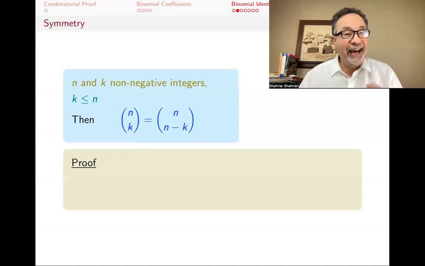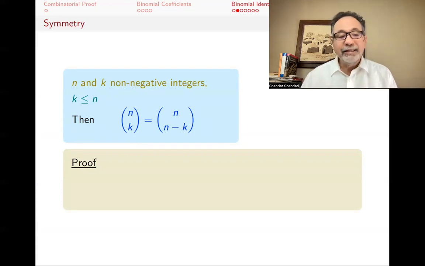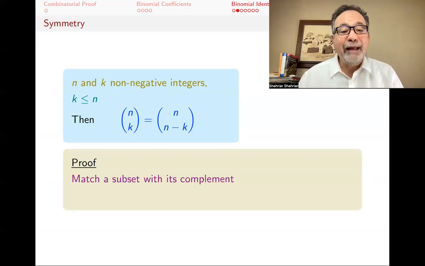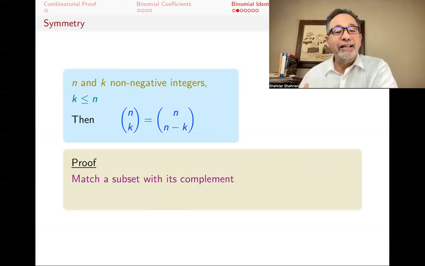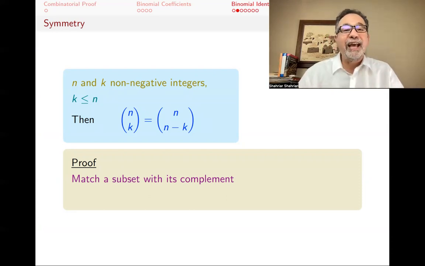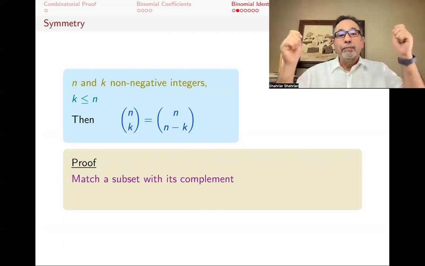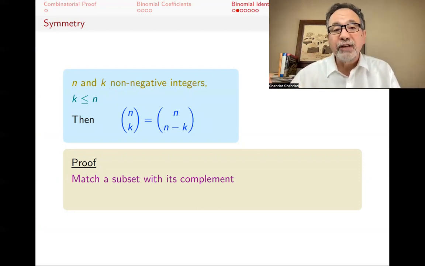N choose k counts the number of subsets of size k of an n set. Well, take a subset of size k and match it with its complement. So here you have subsets of size k, here you have subsets of size n minus k. This identity is telling you the number of subsets of size k and n minus k of a set with n elements are the same. Why is that? Well, match every subset of size k with a subset of size n minus k.